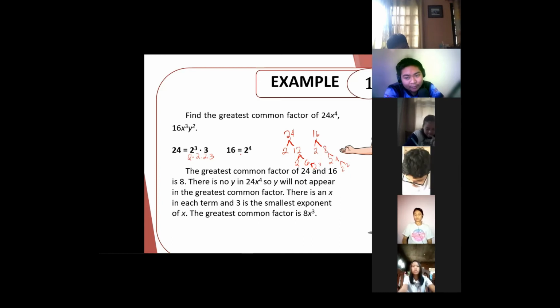Therefore, 16 is equal to 2 times 2 times 2 times 2. And then for the variables, we have x, x, x, x. Diba? 4 na x. And for this one, we have 3 x's, 1, 2, 3. Then dalawang y, 1, 2. So what are we going to do?